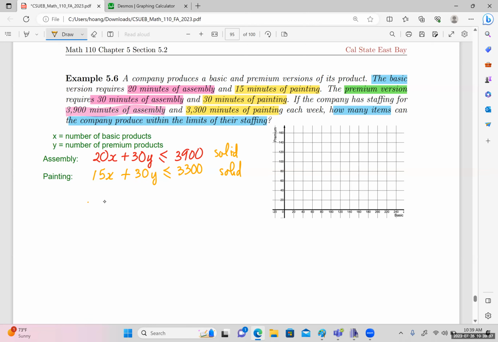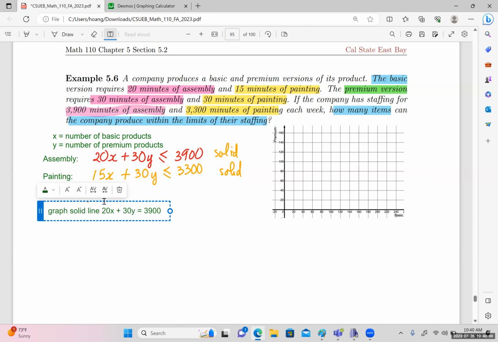Okay, so how to graph the line? Let's graph a solid line 20x plus 30y equal to 3900. How to do that?